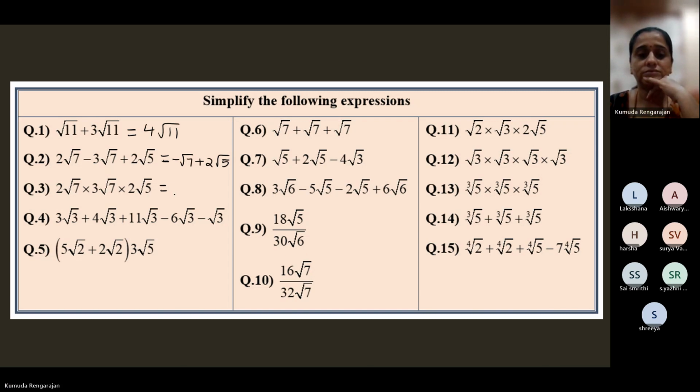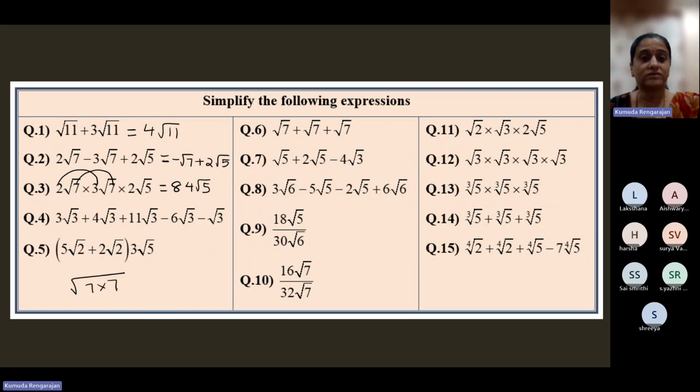Lakshana. Ma'am, 84 root 5. Okay. 2 3s are 6, 6 7s are 42, 42 2s are 84 root 5. Correct. Because 2 into 3 is 6. Root 7 into root 7 is root of 7 into 7, right?